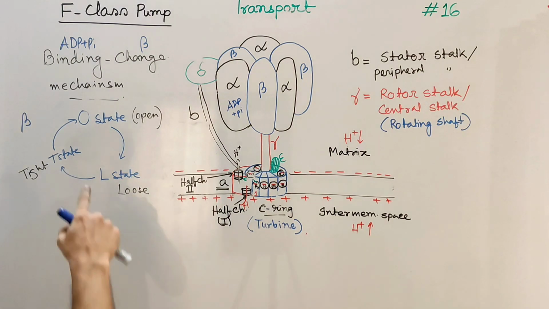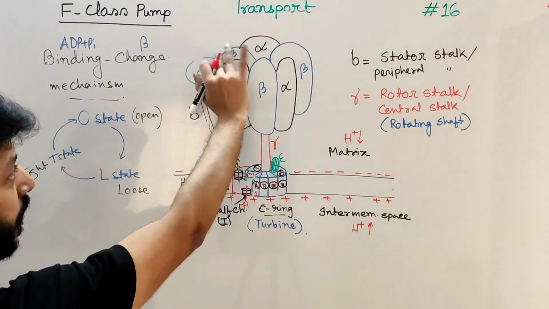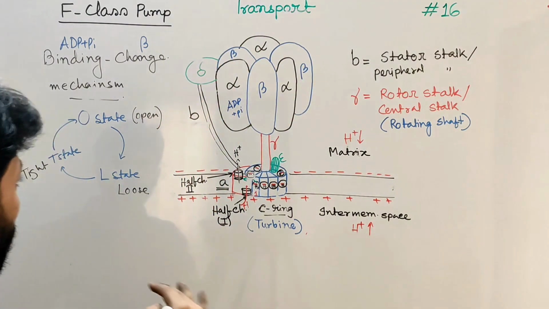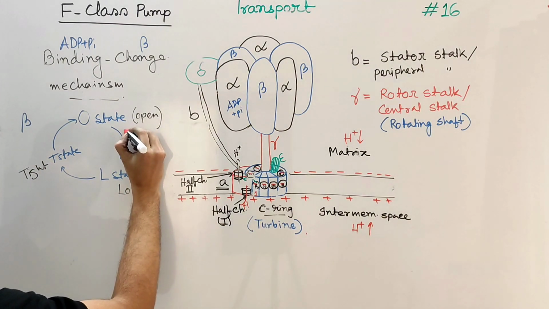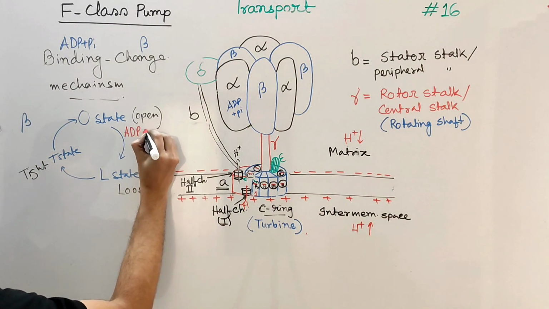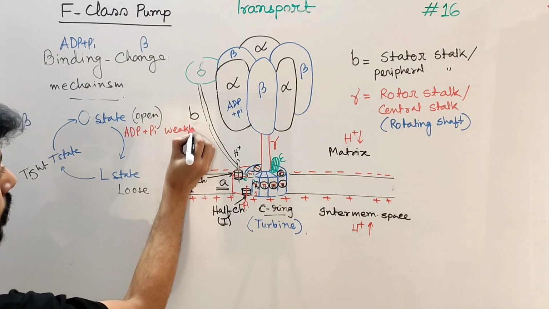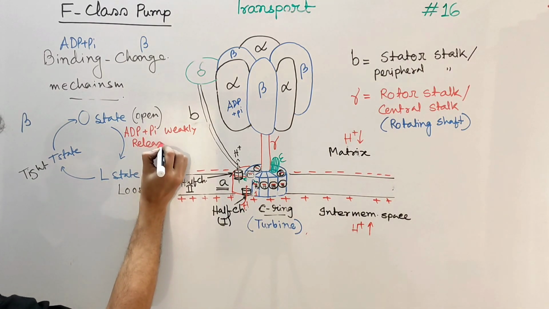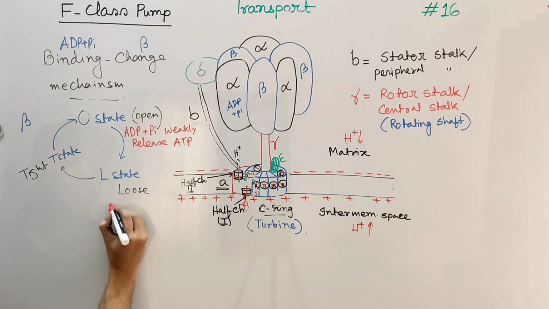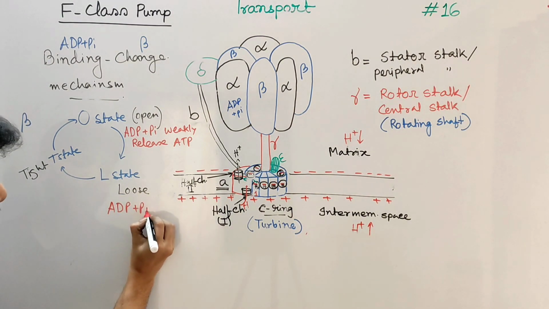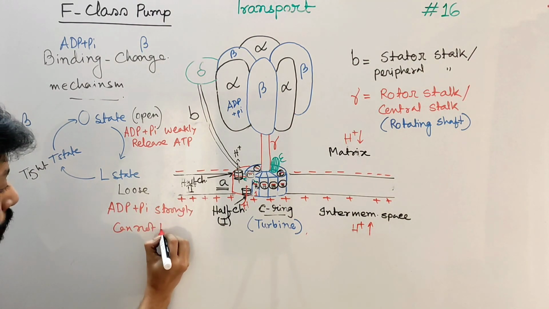What happens here? In the O state, this beta subunit, and it could be any beta subunit, all three beta subunits go through this. In the O state, the beta subunit binds ADP and Pi very weakly, and it releases ATP. In the L state, or loose state, it binds ADP and Pi strongly, but cannot bind ATP.